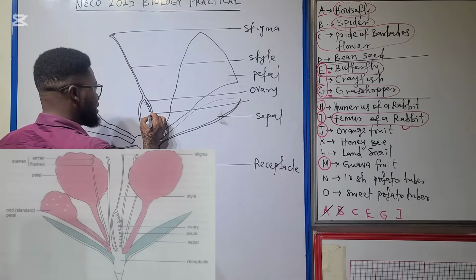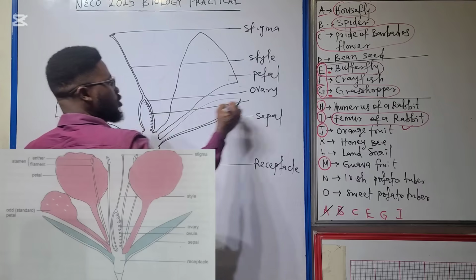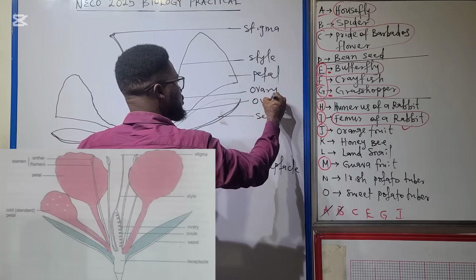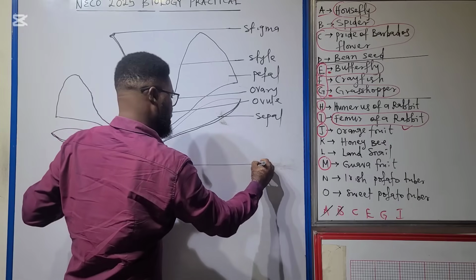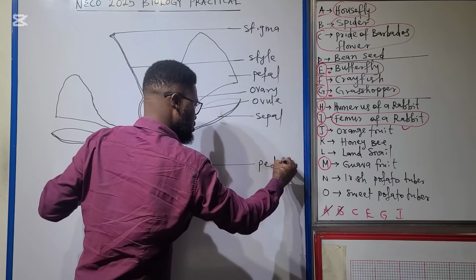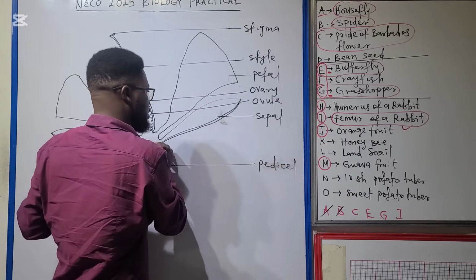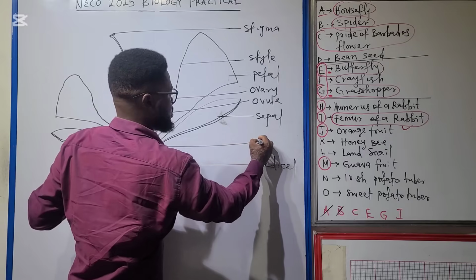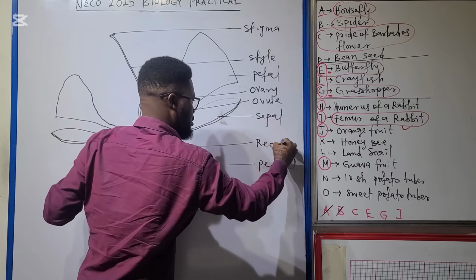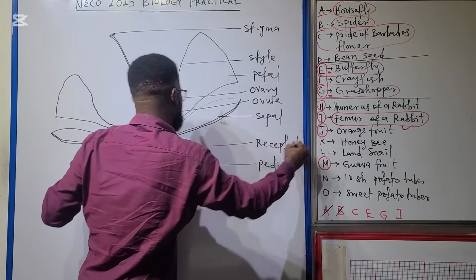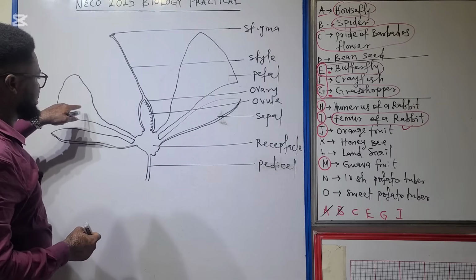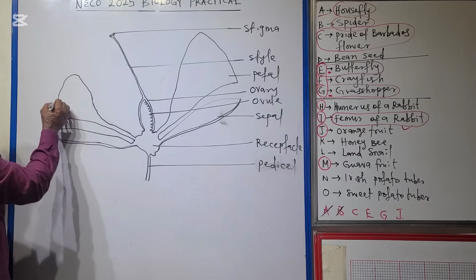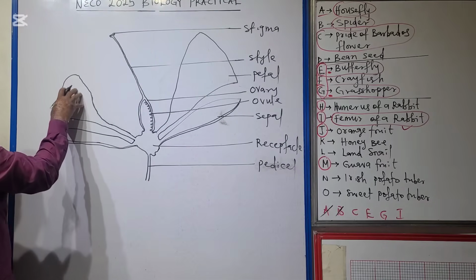What we now have in here is the ovule. The ovule is in the ovary. This should be the pedicel. This should be the receptacle. Now this here is our standard petal.